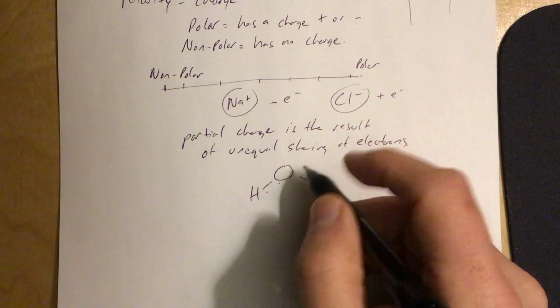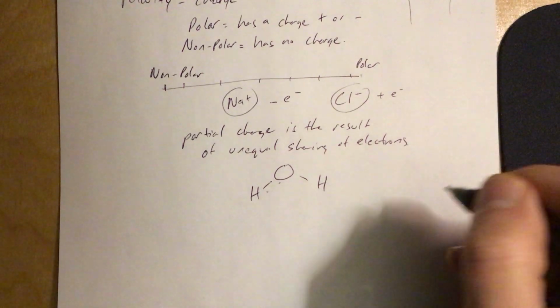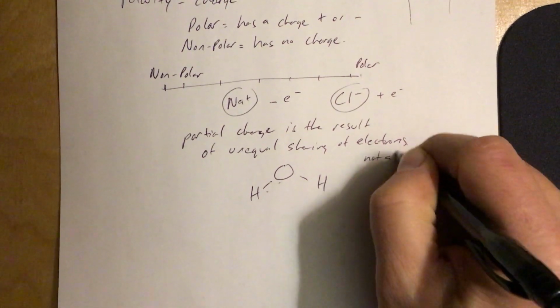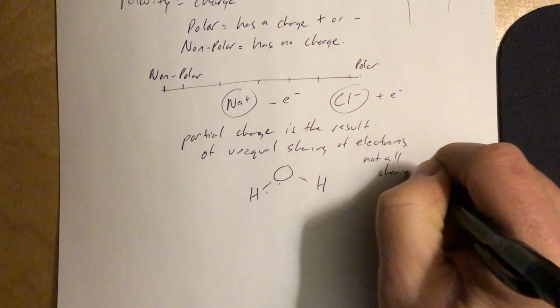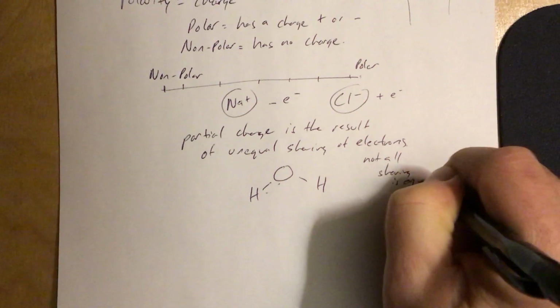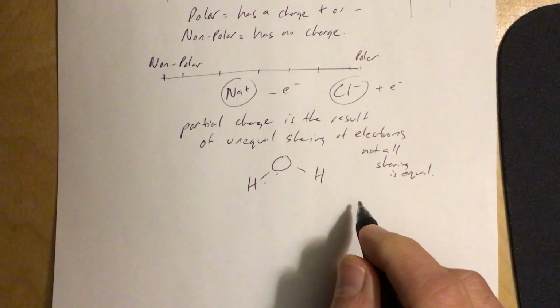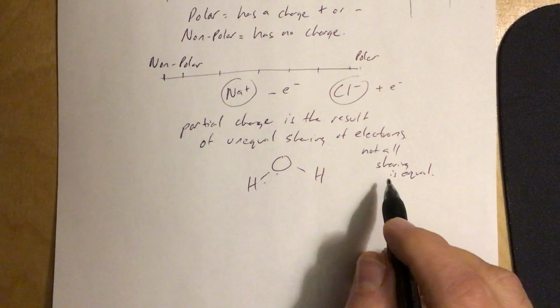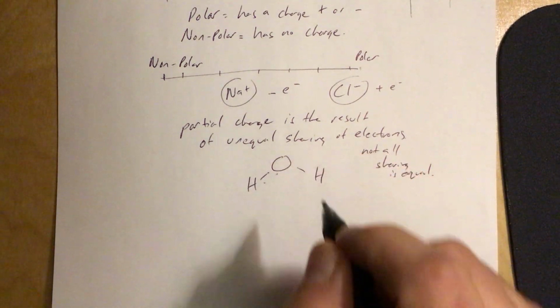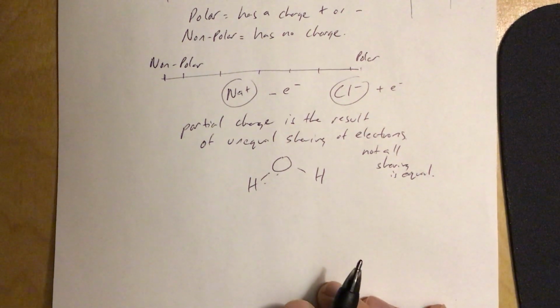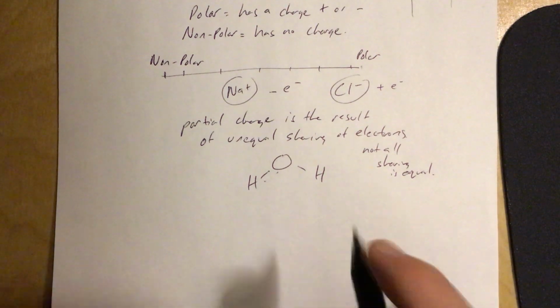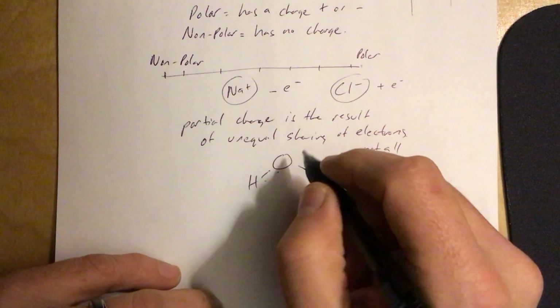But the trouble is, not all sharing is equal. Okay? Not all sharing is equal. What happens is this: some atoms have a stronger pull on electrons than others. Oxygen is extremely electronegative.